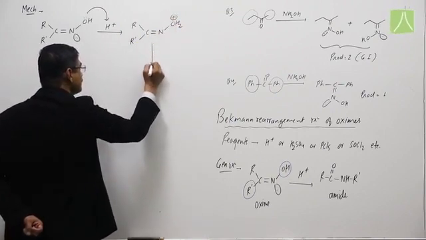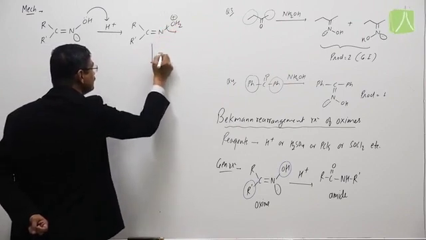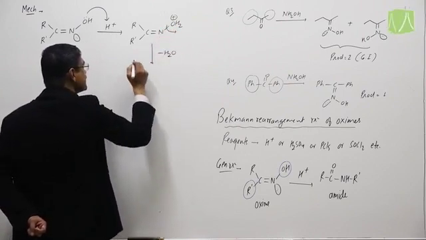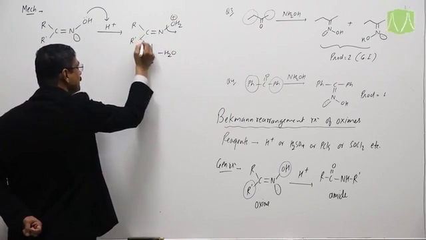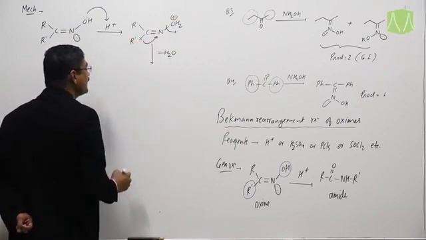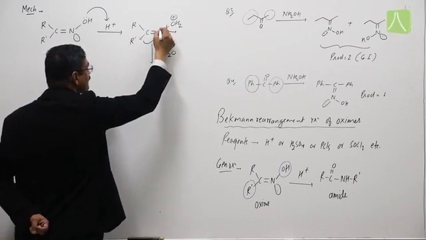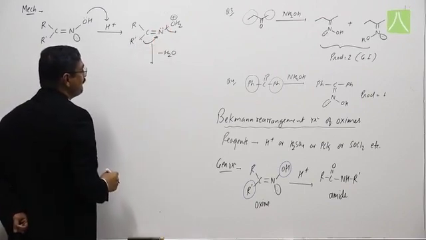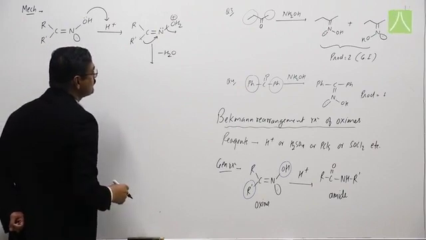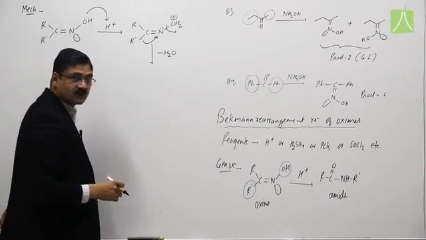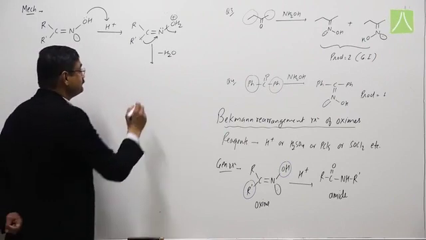Now in the next step, this group leaves, but simultaneously the opposite group or anti group migrates to the nitrogen atom to fulfill its octet, because nitrogen positive with incomplete octet is less stable.